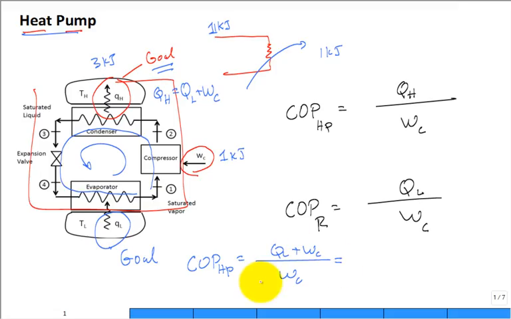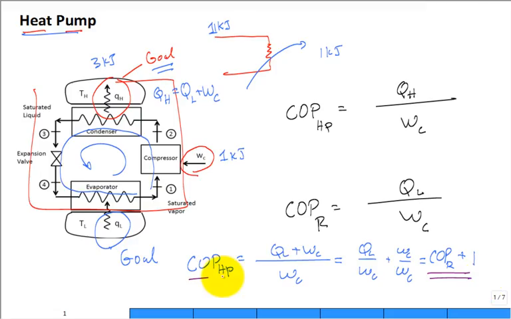Let's work only on the right-hand side. That'll be QL divided by WC plus WC over WC. That's equal to the COP of the refrigeration system plus 1. So the coefficient of performance of the same system is just the perspective. If you're focused on refrigeration, you get a COP for the refrigeration. If you want it for the heat pump, you just add 1 to it.